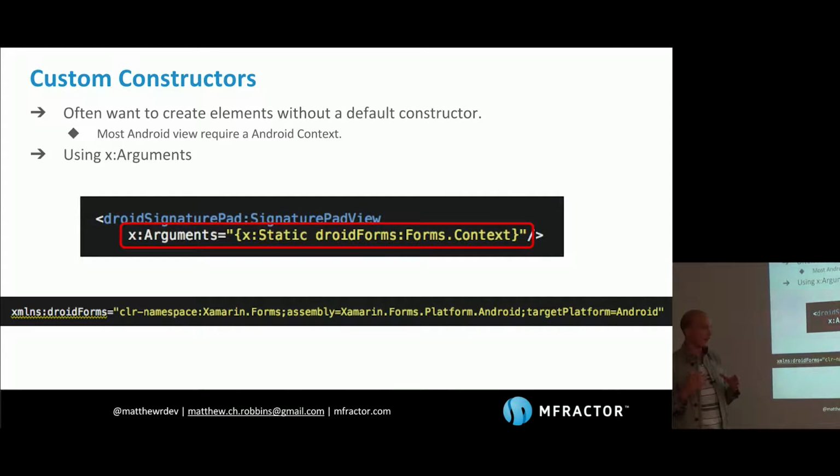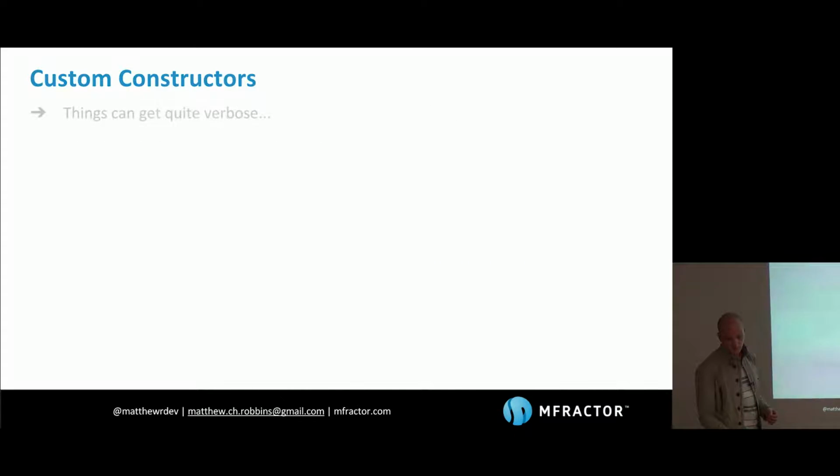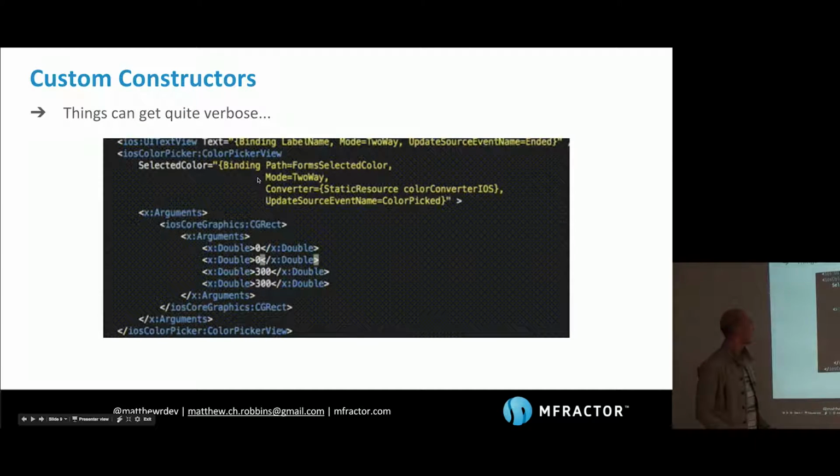We defined an XML namespace that references into the Xamarin.Forms assembly, so we can grab that global forms context reference. Things can get quite verbose though when you're using the x:Arguments directives. In that previous demo, he's pulling in a color view, which does not have a default constructor, but it does have a single constructor that takes a CGRect.